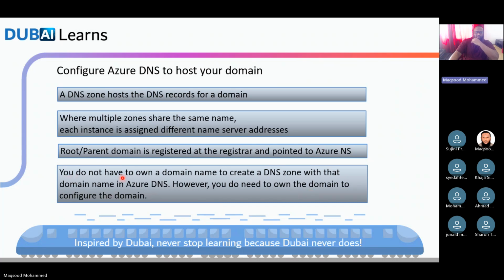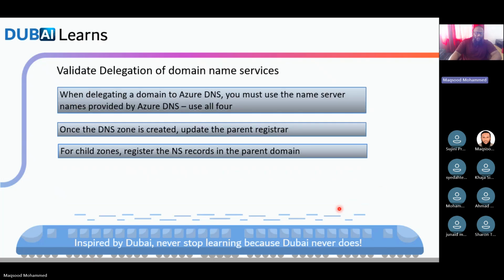Here it says you do not have to own a domain name to create a DNS zone with that domain name in Azure DNS. So even if you don't own the domain name abc.com, you can still go ahead and create the DNS record, but that won't be of any use. So let's move on. Validate delegation of domain name service.